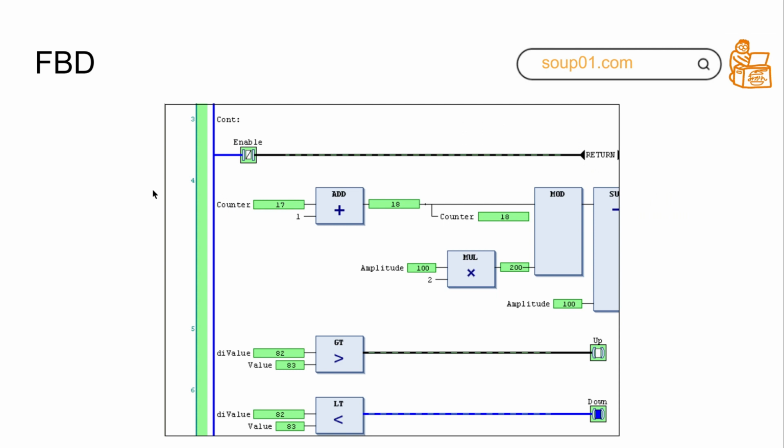And finally, in this tutorial, I will use FBD for the main control. FBD, function block diagram, is a little bit similar to ladder, but it's also a graphic language of IEC 61131-3. This function block diagram is like a circuit design.